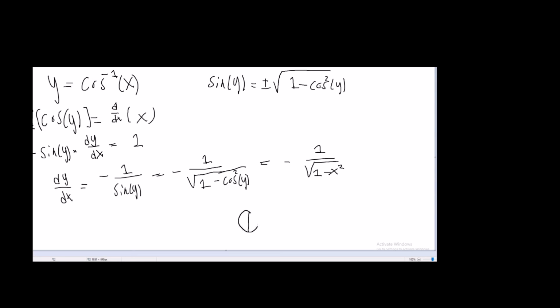the minimum of cosine of y is negative 1, and the maximum of cosine of y lies at 1, and the corresponding angles are 0 and pi.